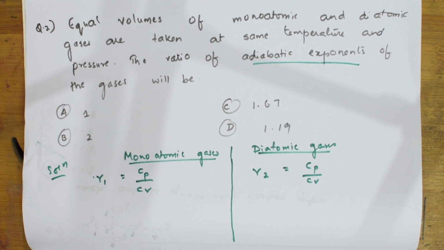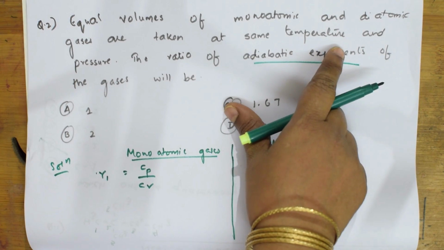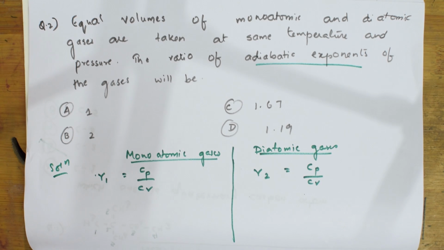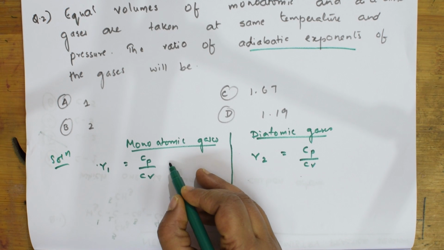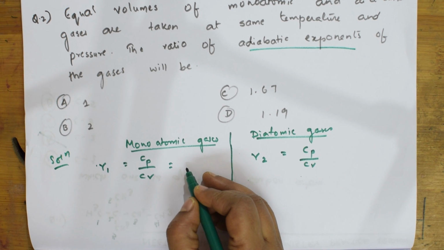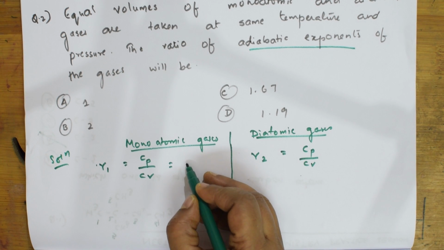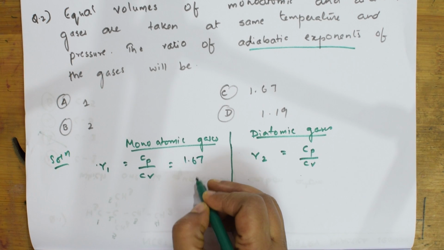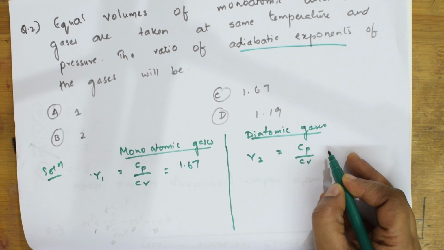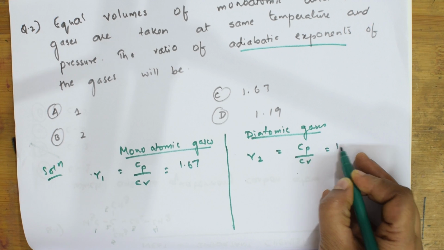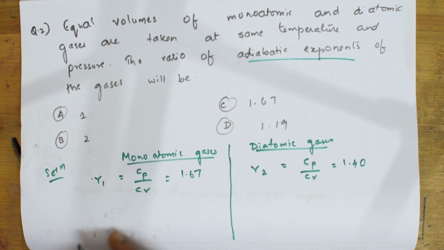What did they say? They said the same temperature and pressure are taken. Correct? So for monoatomic gases, Cp by Cv, the gamma value is 1.67. Now for diatomic gases, the Cp by Cv value is 1.40. Now let us take the ratio.